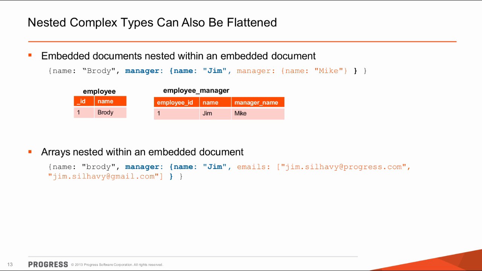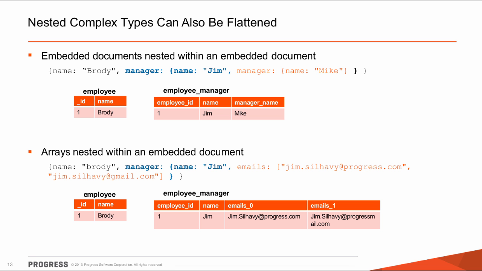And continuing on with that, here's another pattern of arrays nested within an embedded document. So I've got a subdocument, in this case manager, and that manager has multiple emails represented as a JSON array, the emails array in this particular example.